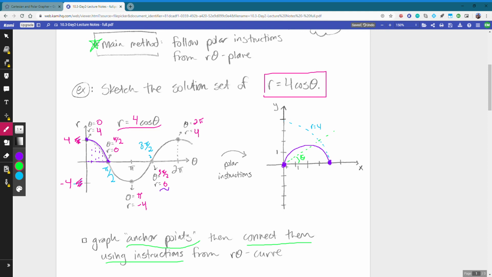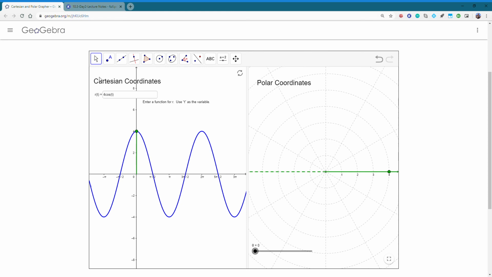All right, well, what about the next half? Well, before we do that, let's actually take a look at what we've just seen with an interactive here. Might be a little bit more convincing to you. So here on the left is the graph of our function, r equals 4 cosine theta, in the r-theta plane.